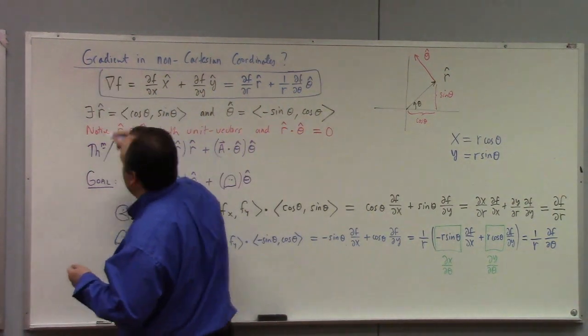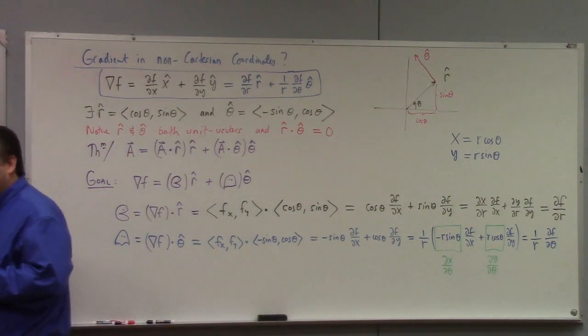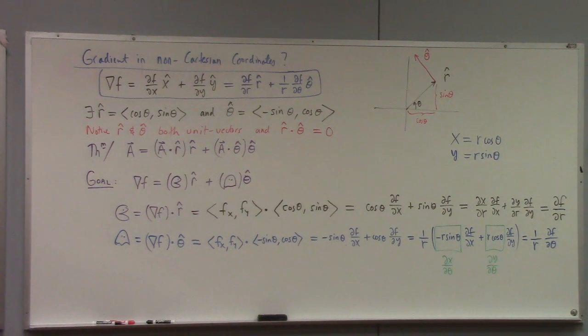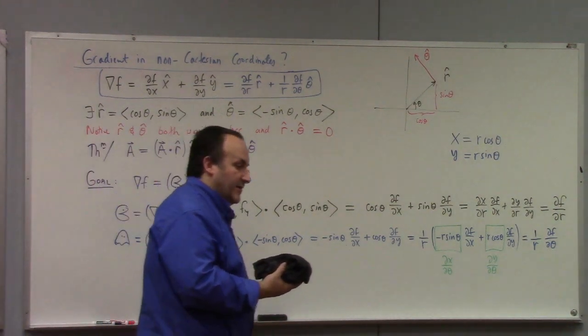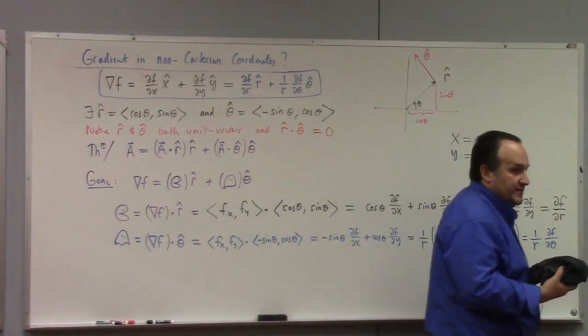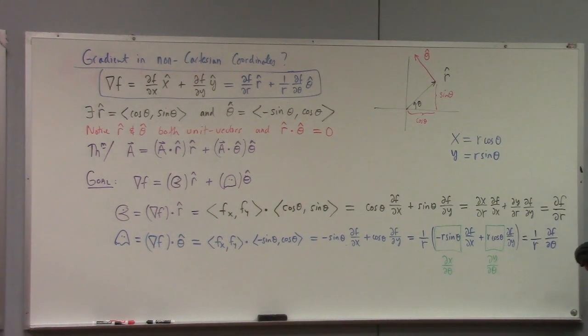That's how we can calculate the gradient in terms of polar coordinates. I know sometimes people want to say, oh, the gradient should just be partial f, partial r, comma, partial f, partial theta, but that's just not how it works out, right? Because the angular coordinate is different than the r coordinate. Angular coordinates and linear coordinates are different in their nature.